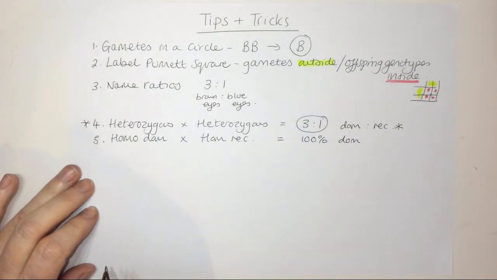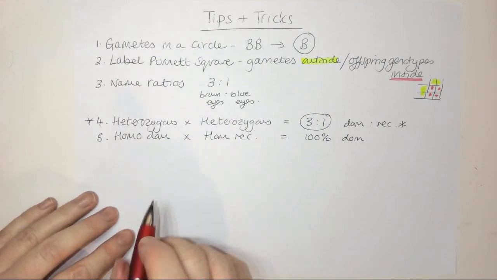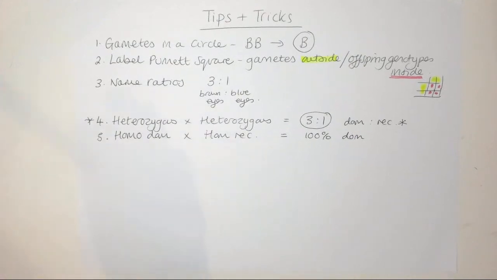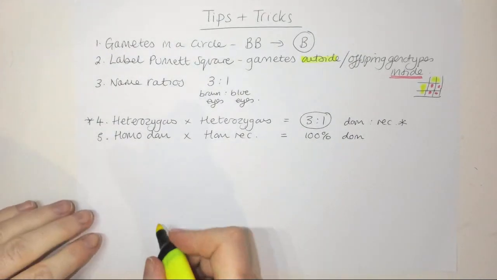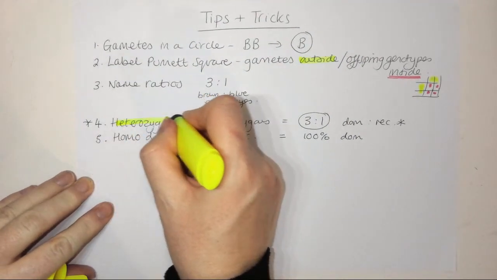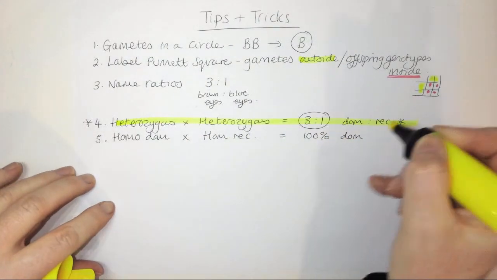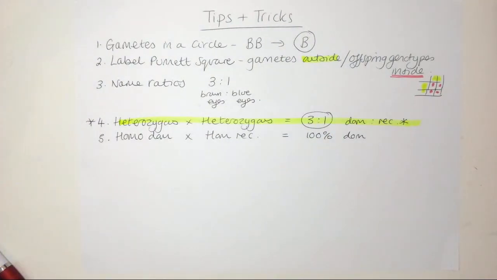That can really save you time, perhaps in a multiple choice, where you don't then have to go through and remember how to do the genetic cross. You see, oh, it's heterozygous times heterozygous. Right, 3 to 1, I know that ratio.